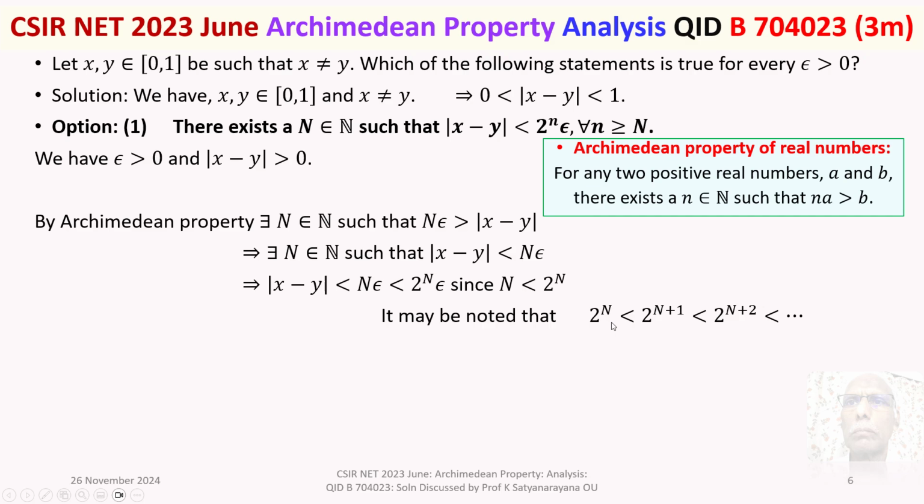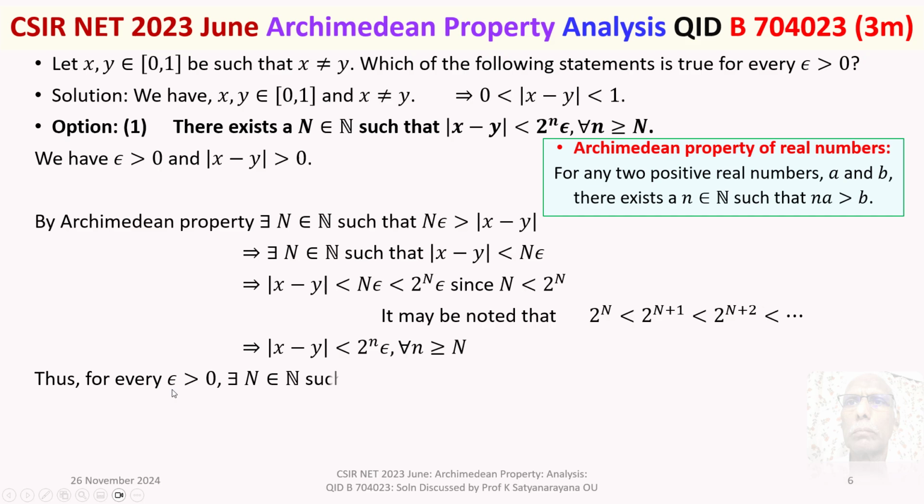That means from and after the capital Nth stage, 2 power n will be greater than all of them. So mod of x minus y is less than 2 power n epsilon for all small n greater than or equal to capital N, because of this.